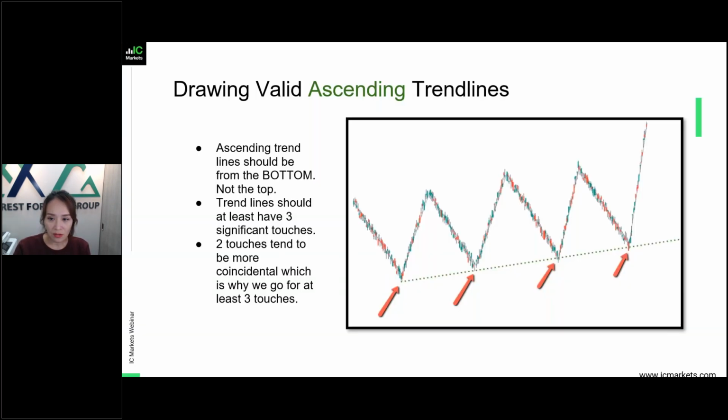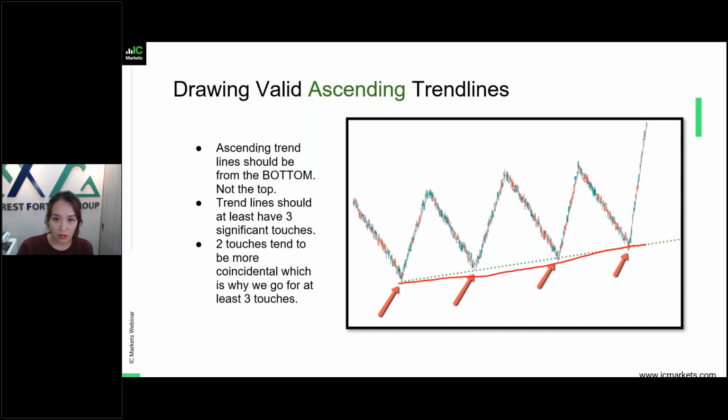It's very simple and easy. This topic is also about the foundation if you want to trade forex correctly. Basically, if you want to draw an ascending trend line, you need to draw from the bottom all the way to the right.